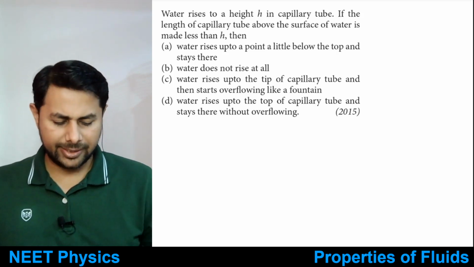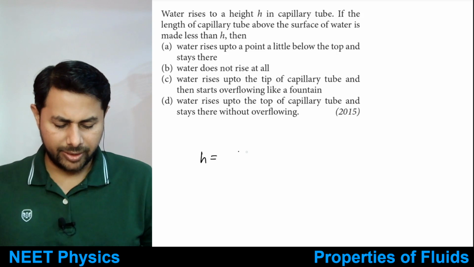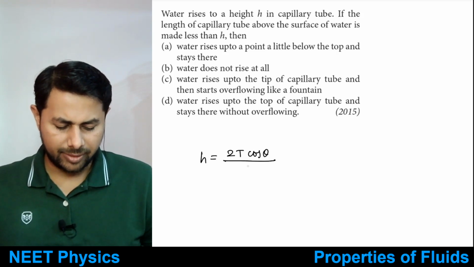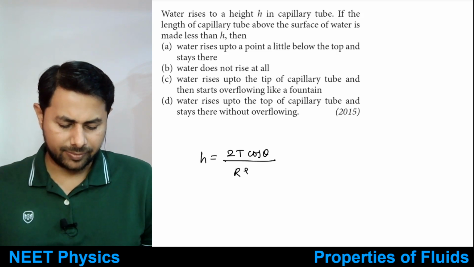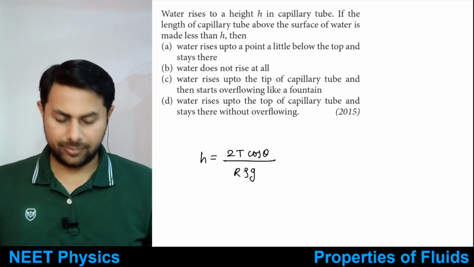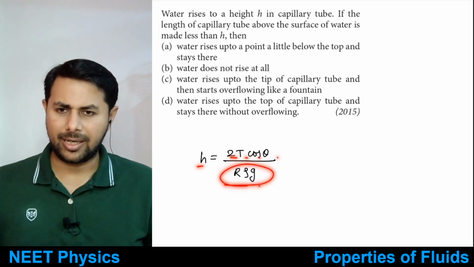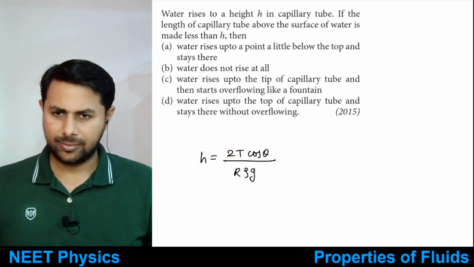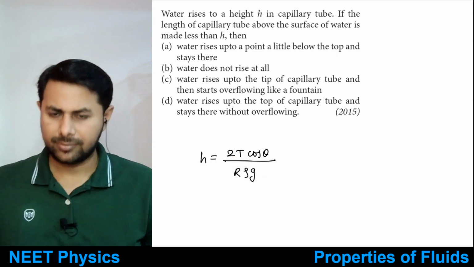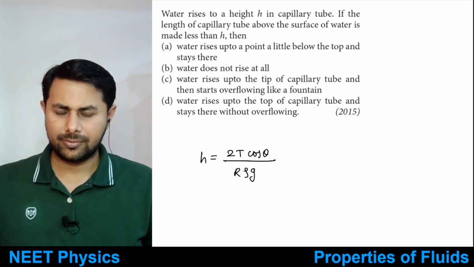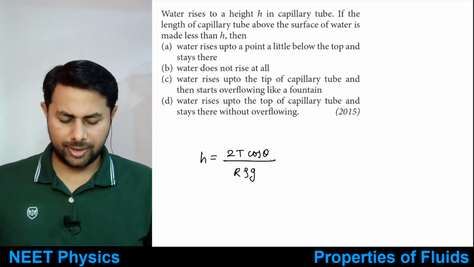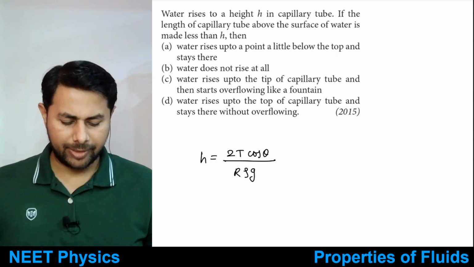So we have h is equal to what for water? 2T cos theta divided by r rho g. Okay, h is equal to 2T cos theta divided by r rho g. What do you think will happen?